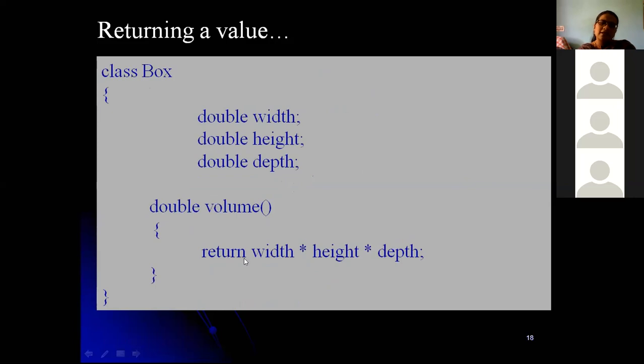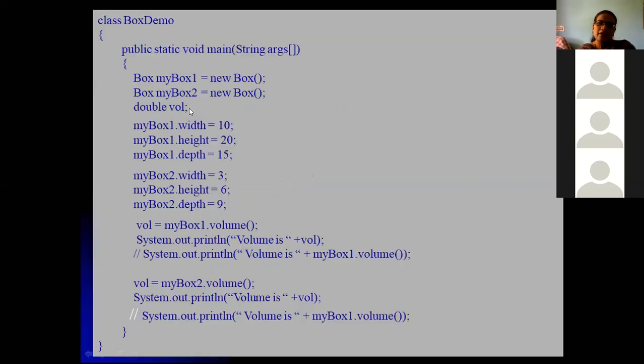So if we are returning something, in the main the variable should be of the same type. So that is double volume. When we assign values to height, width, and depth for those two objects, volume is equal to my box 1 dot volume. So we are calling a function and assigning it to a variable because our volume is returning a double type. Okay, so that is here.